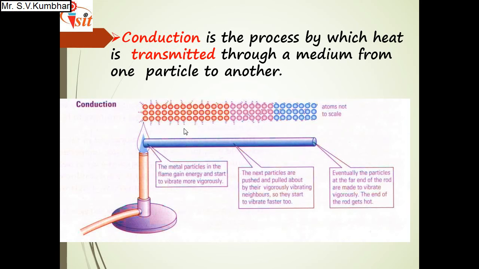The metal particles in the flame gain energy and start to vibrate more vigorously. After that what will happen? The next particles are pushed and pulled by their vigorously vibrating neighbors, so they start to vibrate faster also. And at last, eventually the particles at the end of the rod are made to vibrate vigorously. The end of the rod also gets heated.